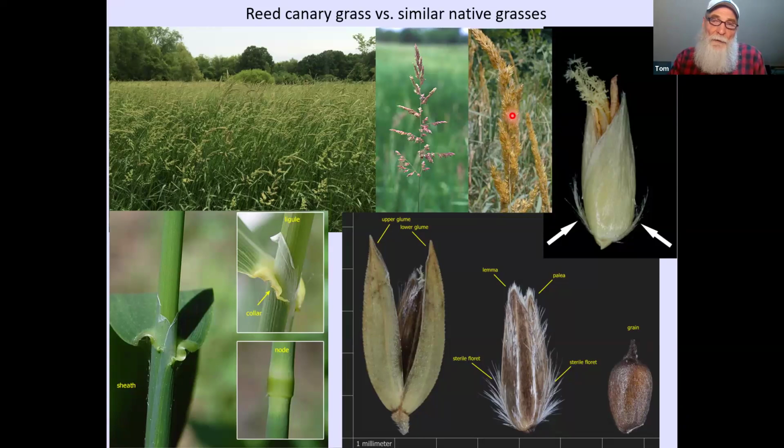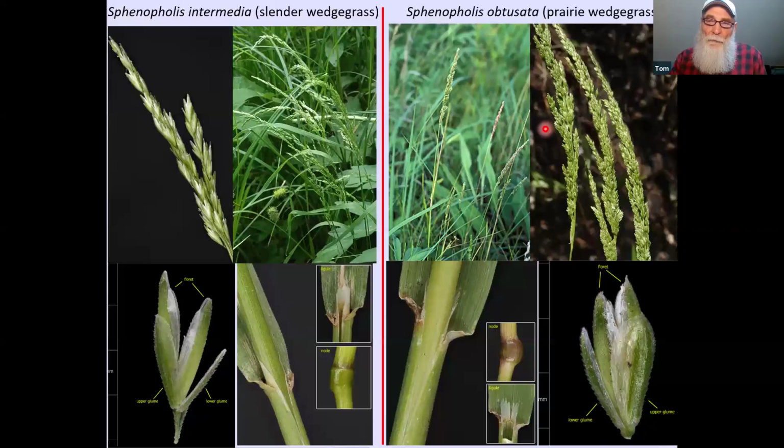These are going to be thicker and more dense. It looks like on the wedge grass here, there's more branching. They're not quite as completely contracted as what we see in the reed canary grass. This is a smaller grass too. The height of this grass is at the most about 1 meter tall. It's usually going to be more about 50 centimeters to maybe 75 centimeters or so tall.